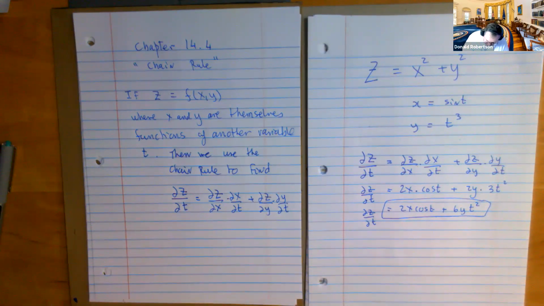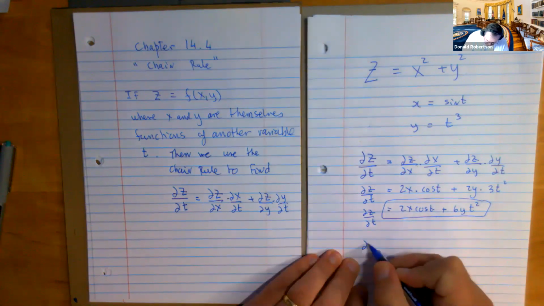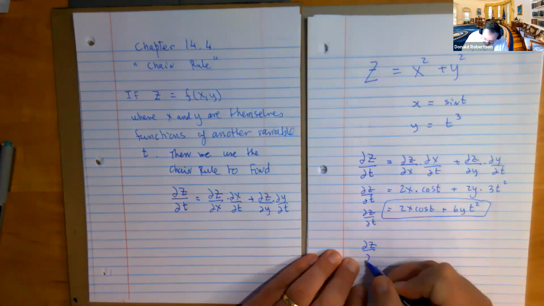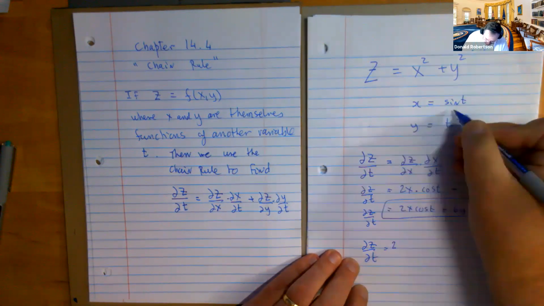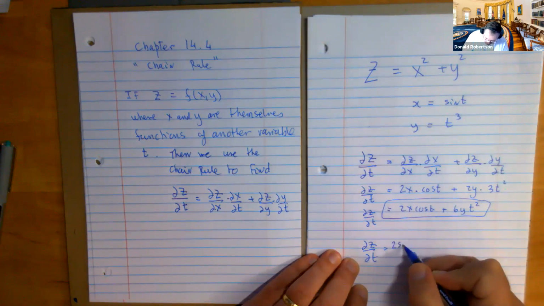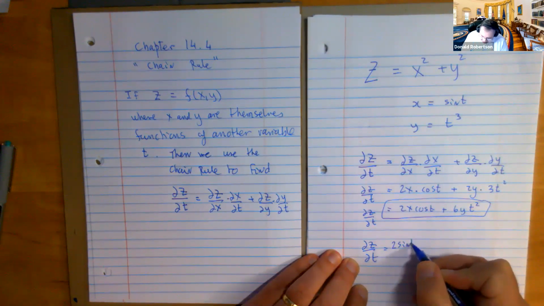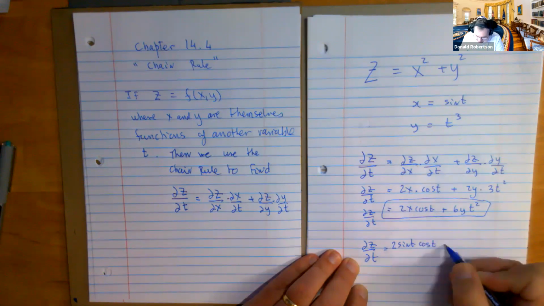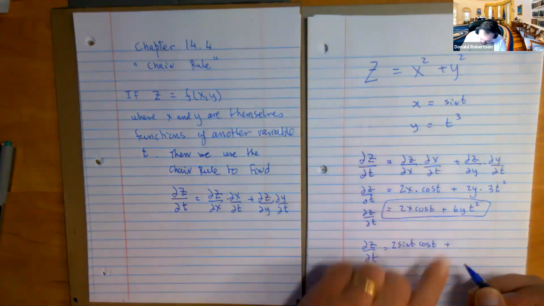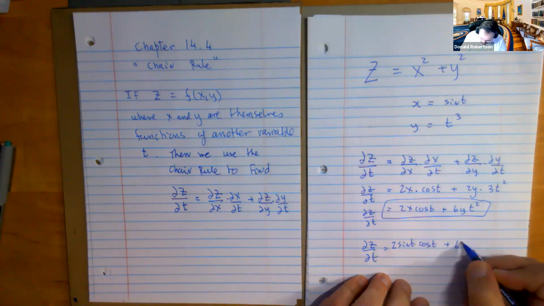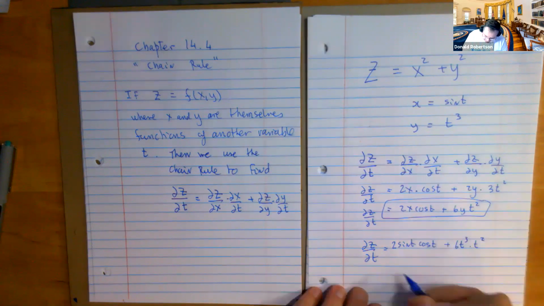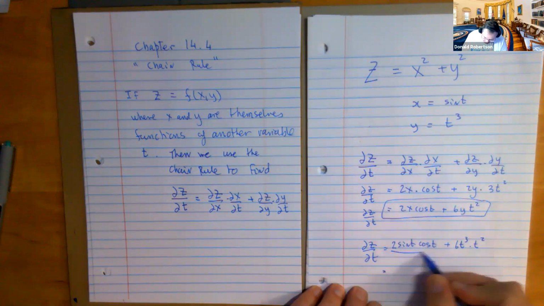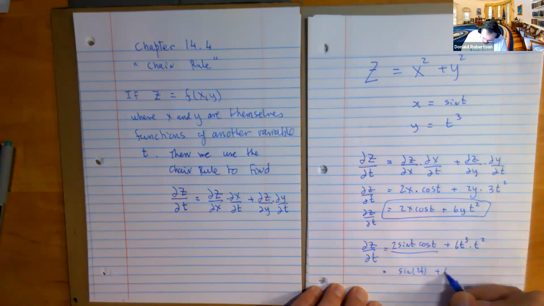So what I would do here is replace the 2x with 2 sine t cosine t, and replace the y with t cubed, so that's 6t cubed times t squared. I would then say that this guy is the sine of 2t, and this guy is 6t to the 5.